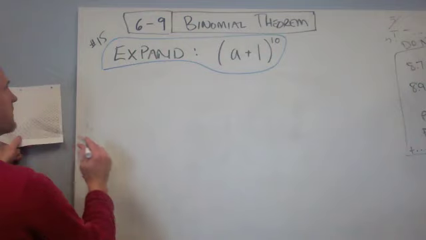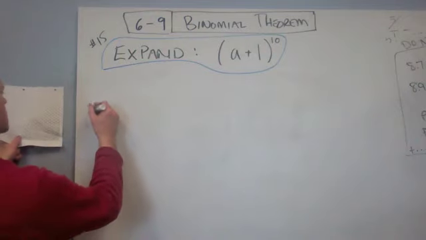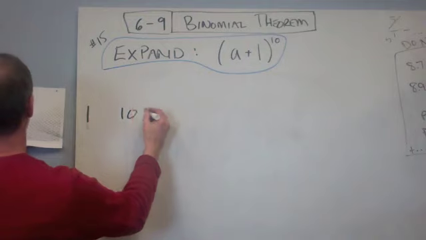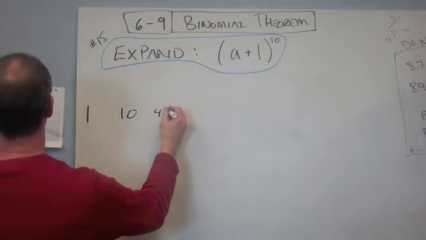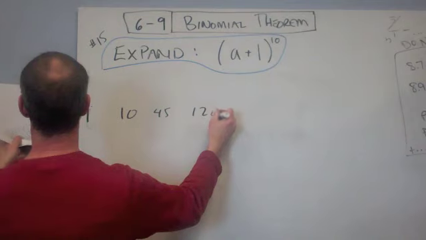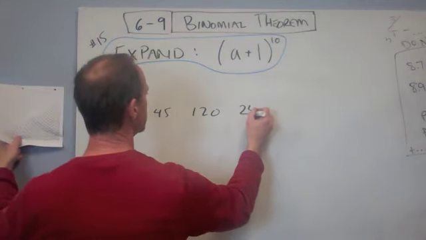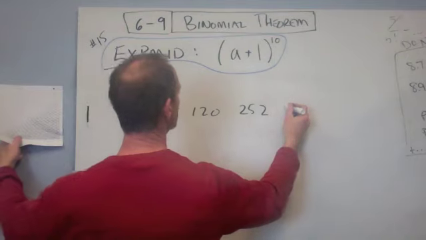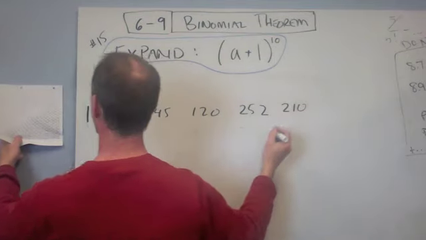All right, I go to the 10th row of Pascal's triangle. I write down the numbers. It goes 1, 10, 45, 120, 252, 210. That's not right.